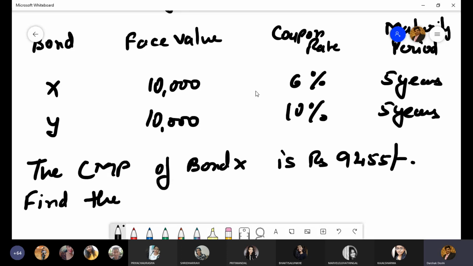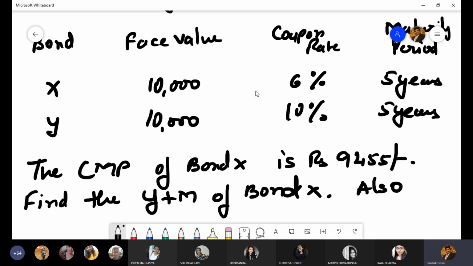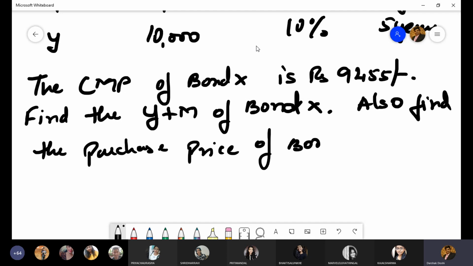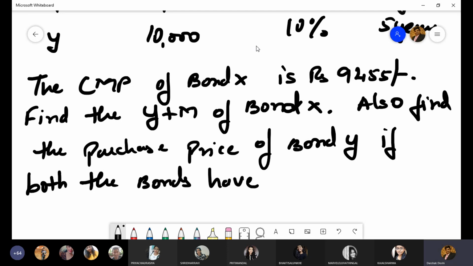Find the YTM of bond X. Also find the purchase price of bond Y if both the bonds have same YTM.